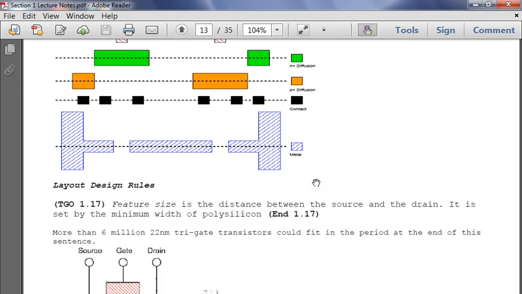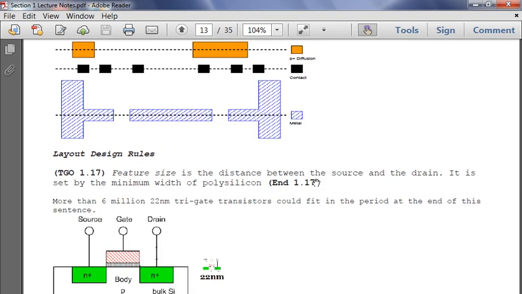So we define feature size as the distance between the source and the drain. It is set by the minimum width of the polysilicon. For perspective, this would be the size of the transistor if it was 0.13 microns. And this right here, that's the size of the transistor at 22 nanometer.